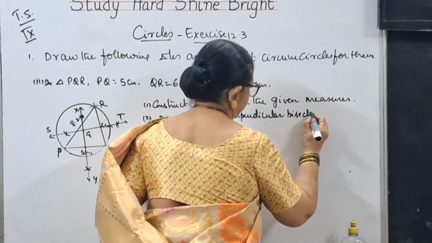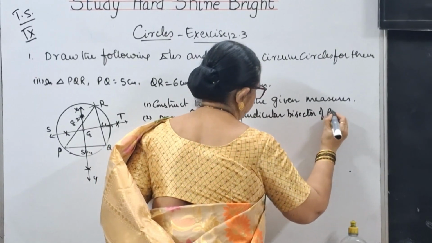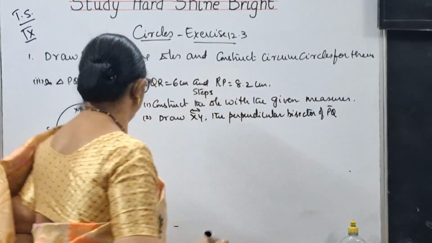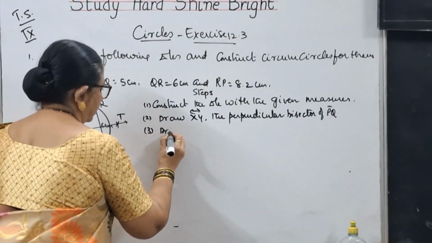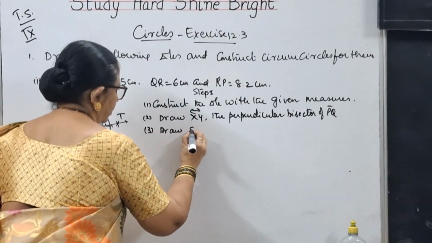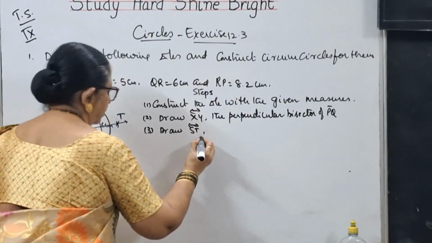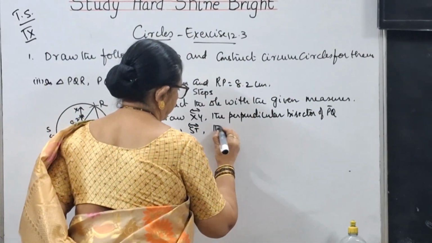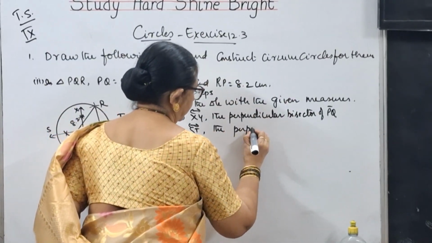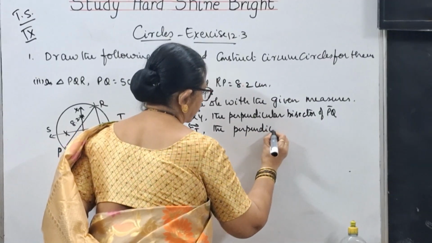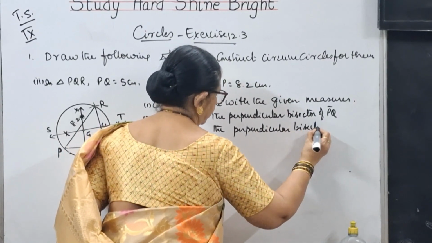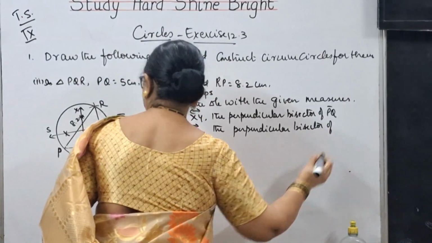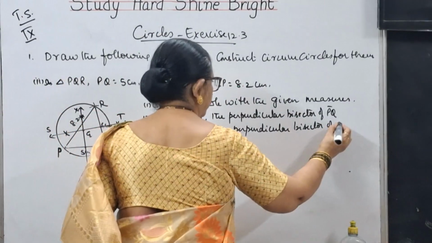And draw ST, the perpendicular bisector of QR.